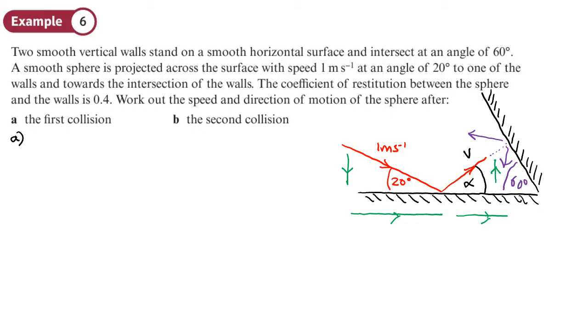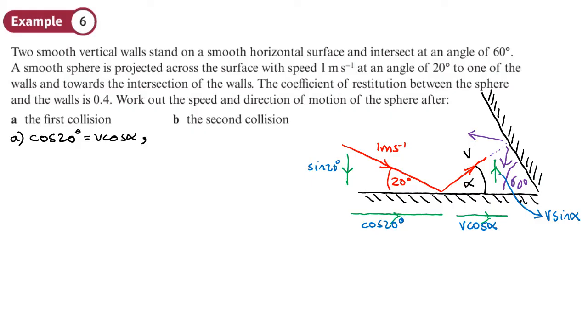So first, if we look at what's going on parallel to the first wall, we'll have 1 cos 20, or cos 20. Here we will have V cos alpha. Here we'll have 1 sin 20, or just sin 20. And over here, that's going to be V sin alpha. So our two equations, first one, parallel to the wall: cos 20 equals V cos alpha.